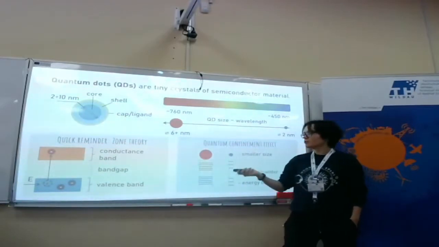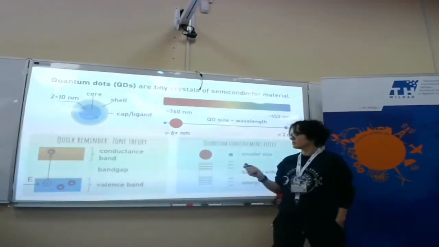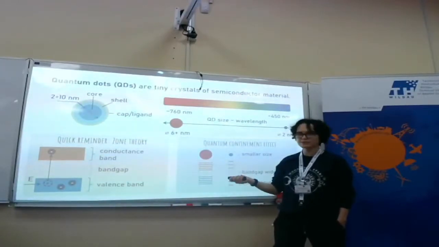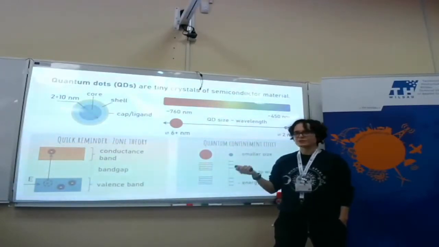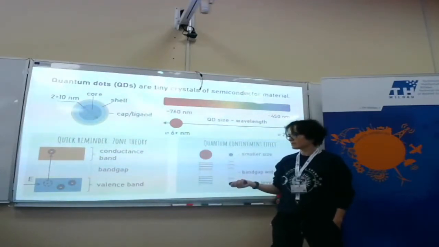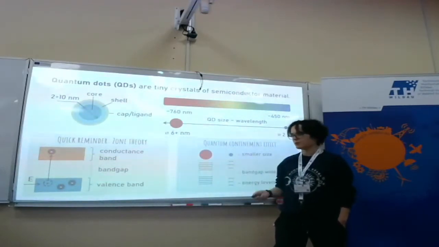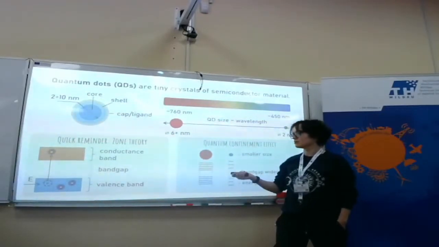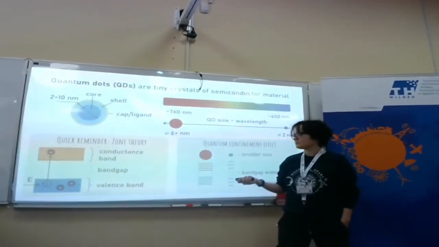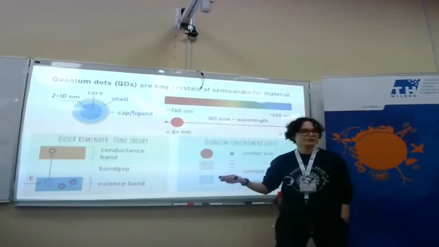So, as you may know, a regular semiconductor has 3 bands in which electrons have energy, so to speak. The valence band where most electrons reside in the resting state, a band gap that the electrons must cross in order to be in the excited state, and the excited state is usually in the conduction band. And they require external energy to do so.